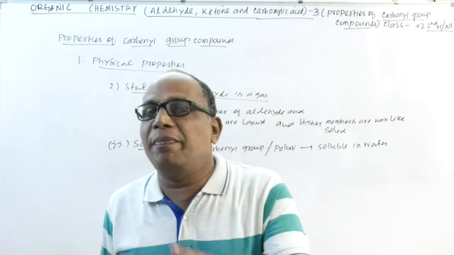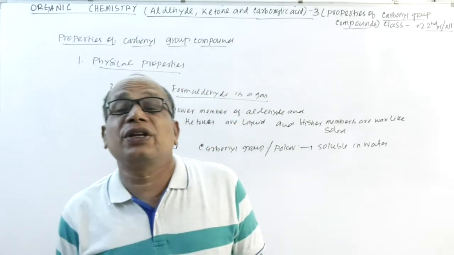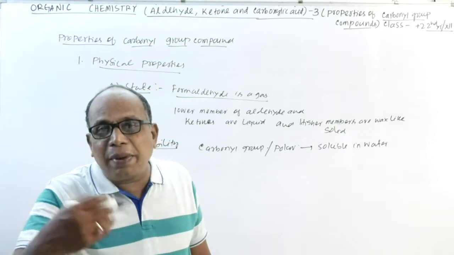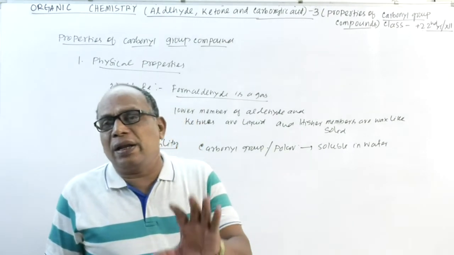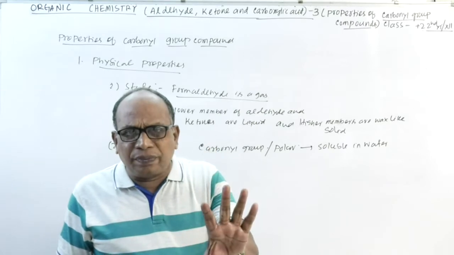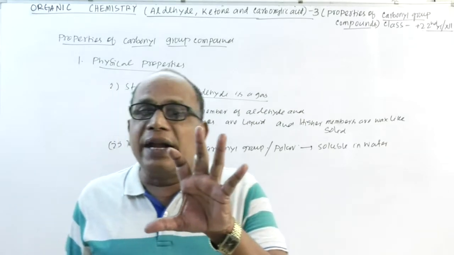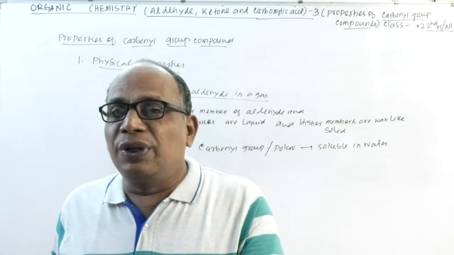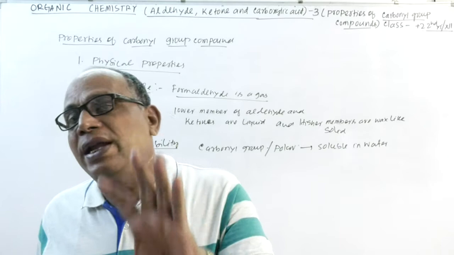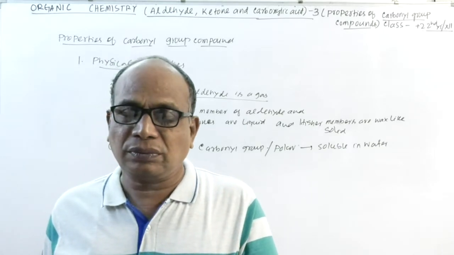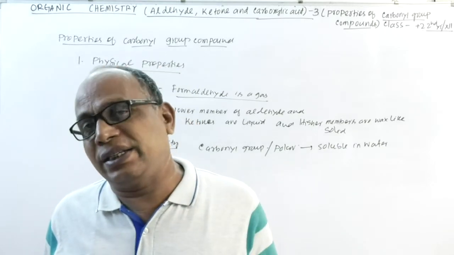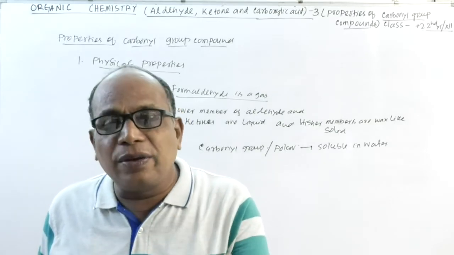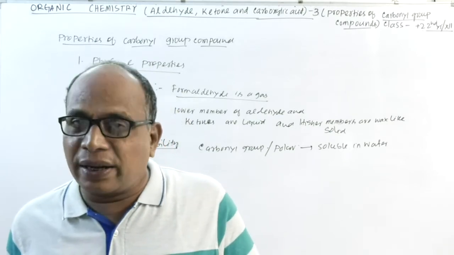The lower members of aldehyde and ketone are soluble in water. What about the higher members? In the higher members, there is a more bulky alkyl group, and alkyl groups are hydrophobic groups. Due to the presence of the hydrophobic groups, the solubility of aldehyde and ketone in water decreases. Generally, formaldehyde, acetaldehyde and acetone are soluble in water.